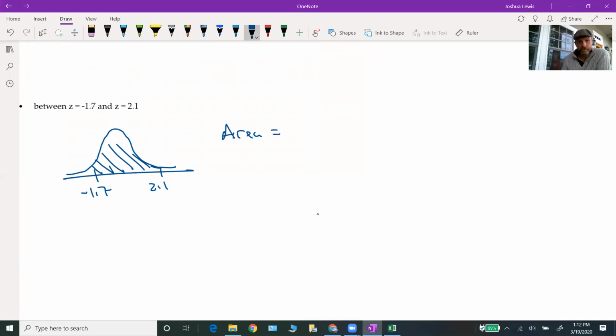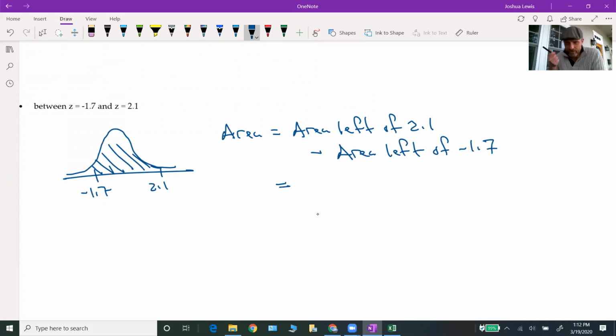So the area that we want is going to be the area left of 2.1 minus the area left of negative 1.7. And I'm going to use Excel to compute exactly those two values and therefore the difference.